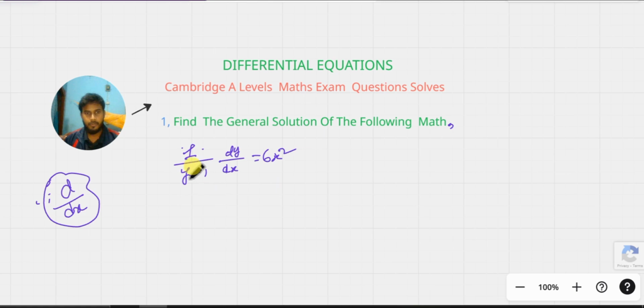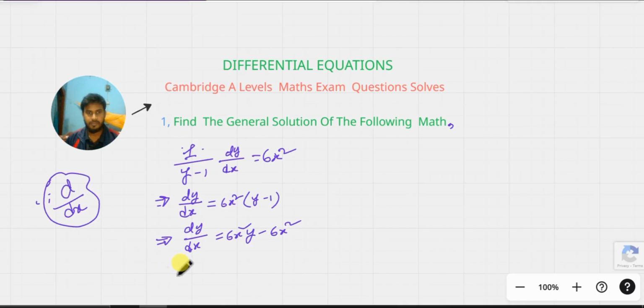Okay, now we will solve these questions. 1 divided by (y minus 1) times dy/dx equals 6x². If we rearrange this, we can write dy/dx equal to 6x² times (y minus 1). And if we multiply 6x² into y, we will get 6x²y minus 6x².